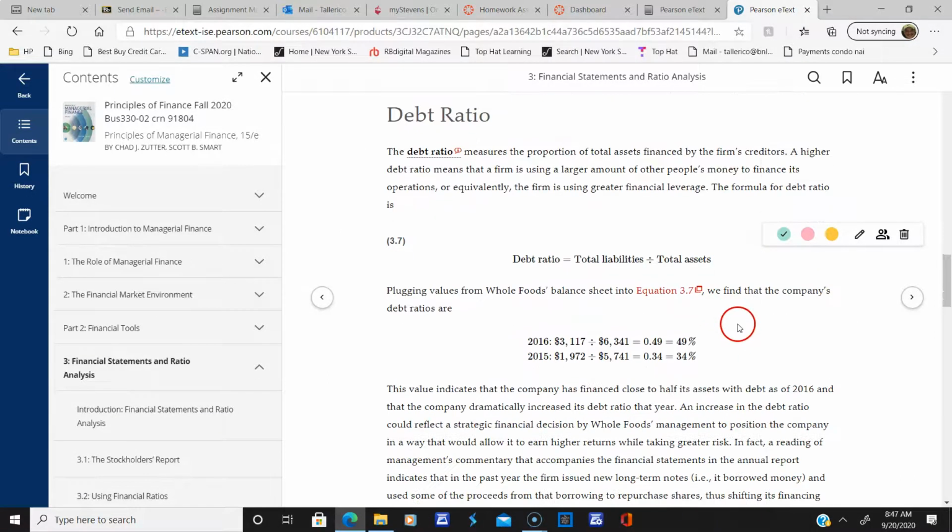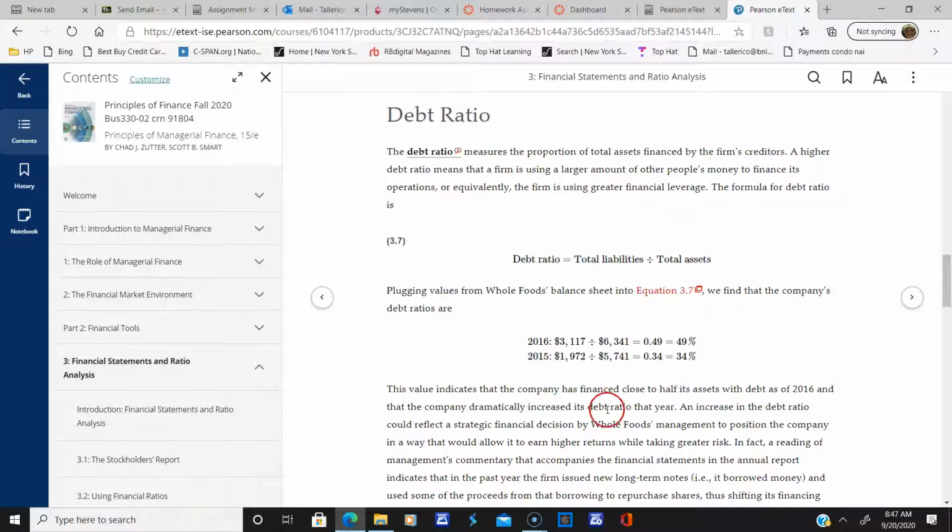All right, so let's go over the debt ratios here. The first debt ratio is total liabilities divided by total assets. These come off of the balance sheet. You can see that for 2016, it's much higher than 2015.